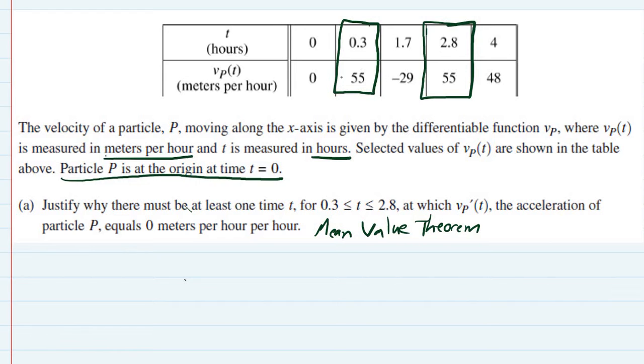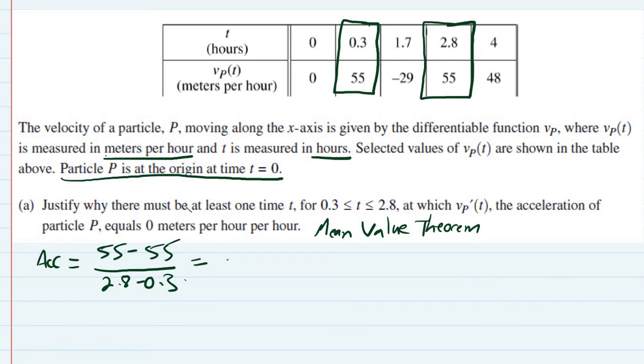Both velocities are 55. So if I were to calculate the average rate of change of the velocity, which I'm going to call acceleration, right? Because the average rate of change of velocity would be average acceleration. The acceleration would be equal to 55 meters per hour minus 55 meters per hour divided by 2.8 hours minus 0.3 hours.